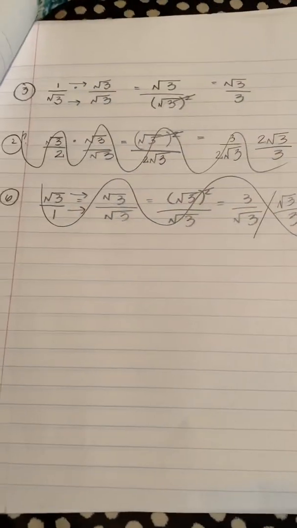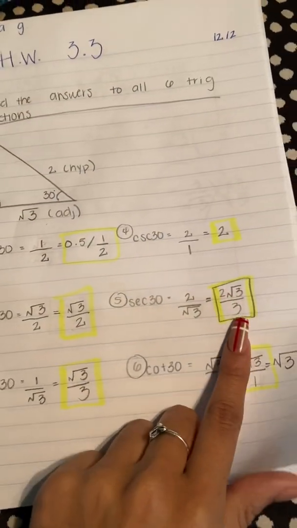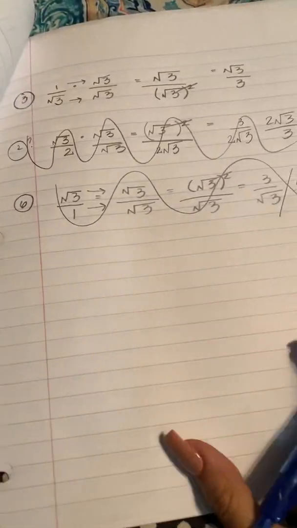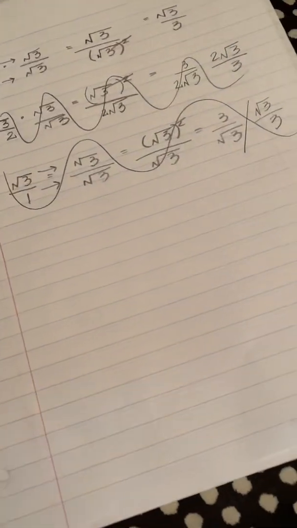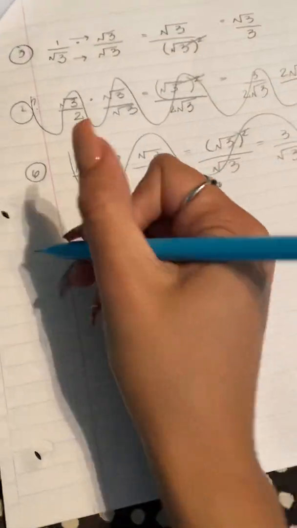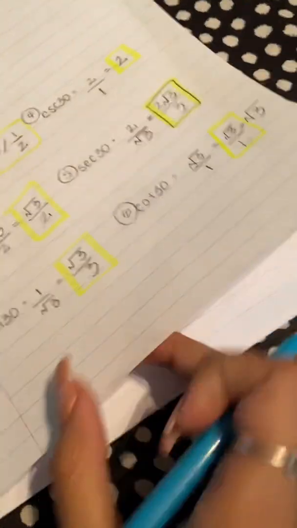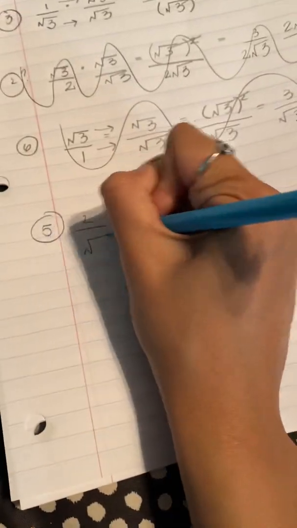for 5, practically what I did was, let me write it down. Where is my pencil? Great. For 5, the question is 2 over square root of 3.